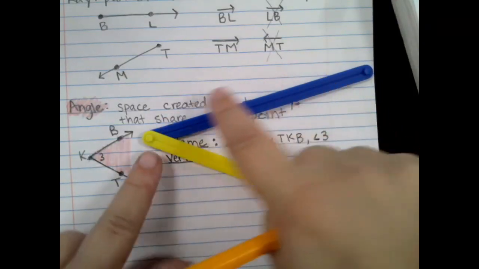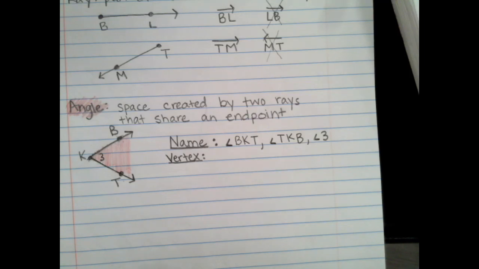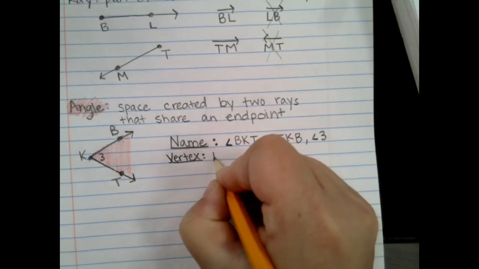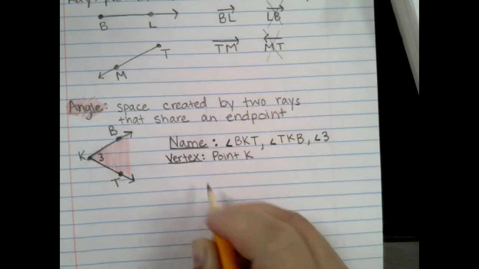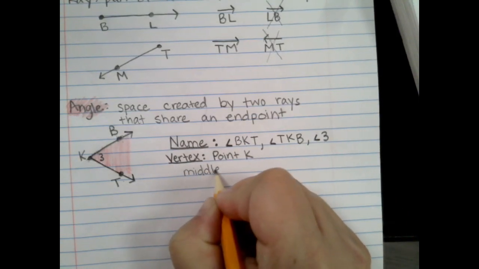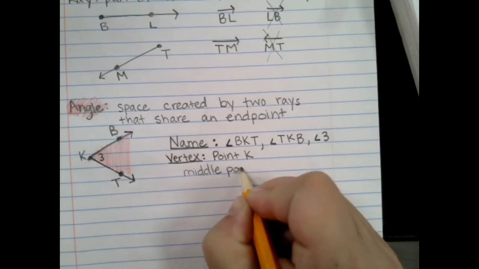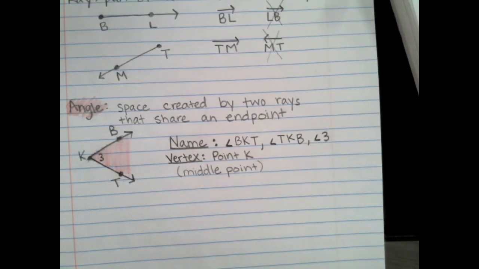It's the middle point. So in this one, what is my vertex? Where do they come together? Point K. Okay, it's the middle point. You can write that down for the definition, because that might be on your test next Wednesday.